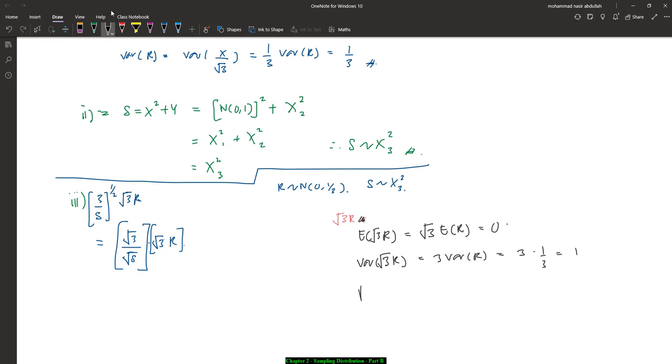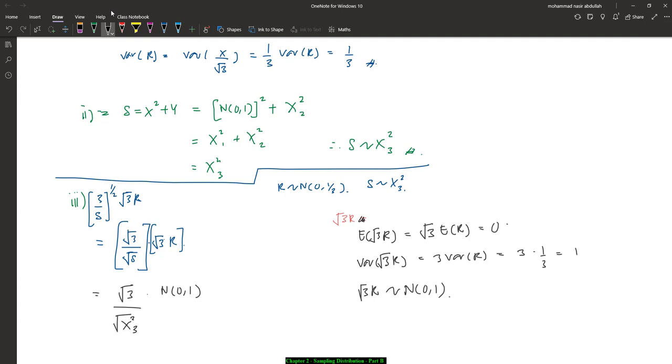So we can see that square root of 3R has a standard normal distribution. So we can just plug in the value here. Should be square root of 3 multiplied with the standard normal distribution, divided by square root of S, a chi-squared with 3 degrees of freedom.